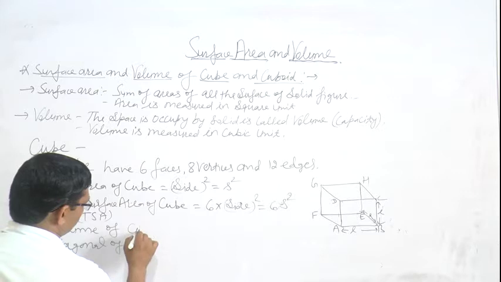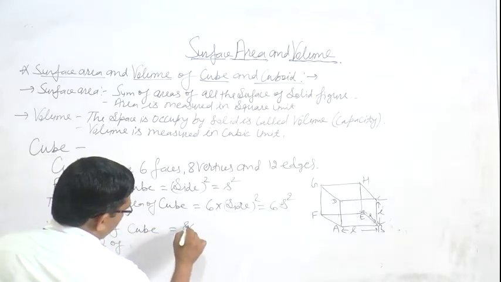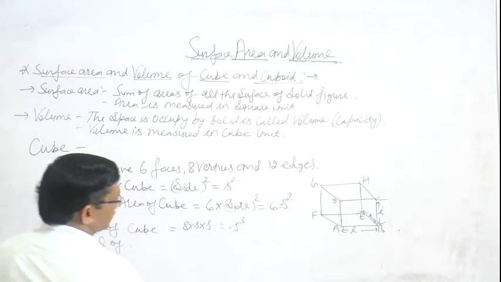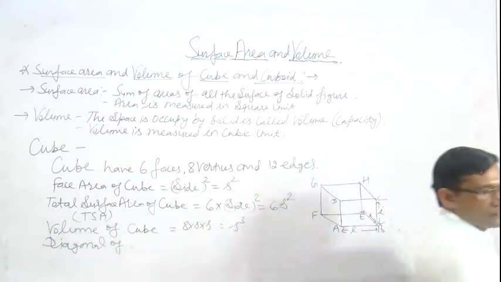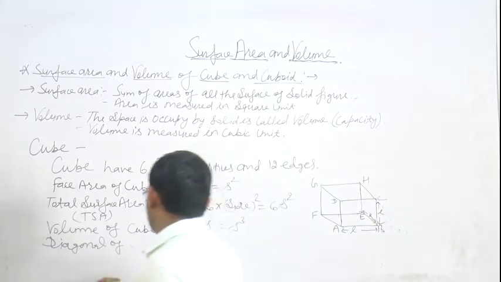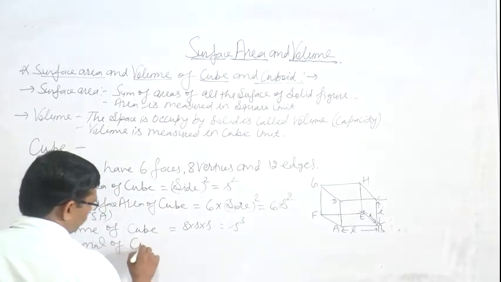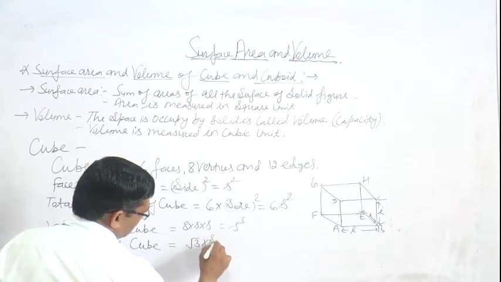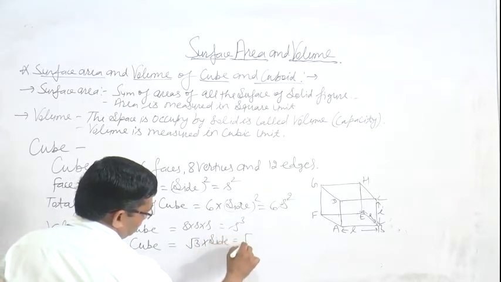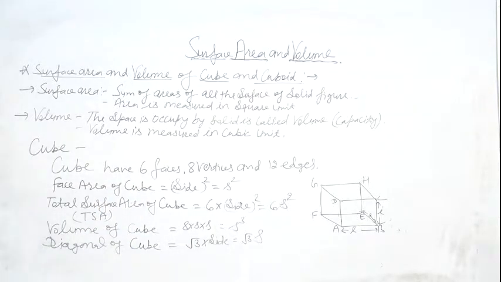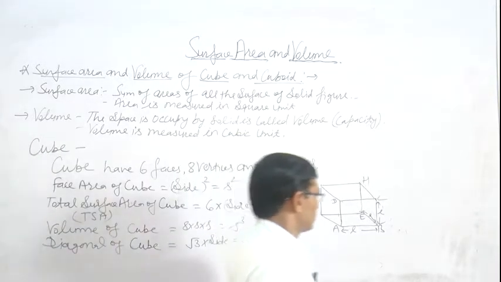Then volume of cube is side multiply side multiply side, that is known as side cube. And diagonal of cube is equal to root 3 multiply side, that is root 3s.